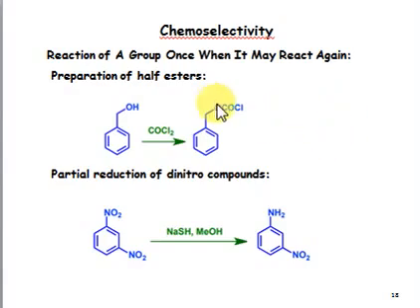Here you can see that this benzyl alcohol can react with this, and also another molecule of the benzyl alcohol can attack on that. So this reagent, this oxalyl chloride, can act twice, but we only want to react once. For that purpose, we use this reagent in a lesser amount.